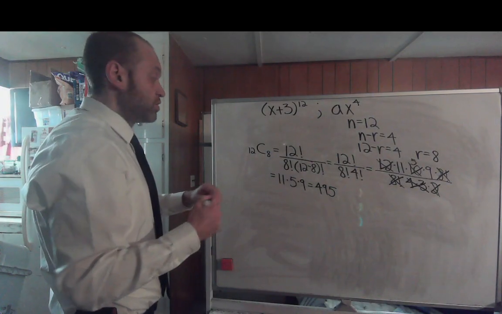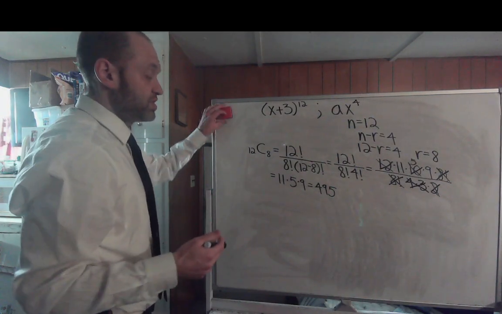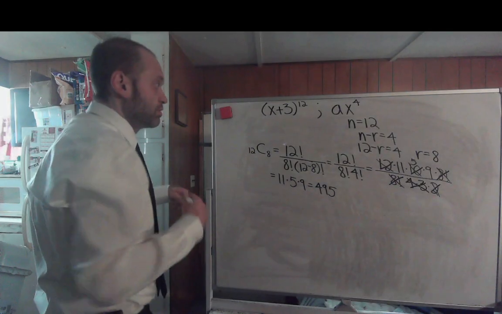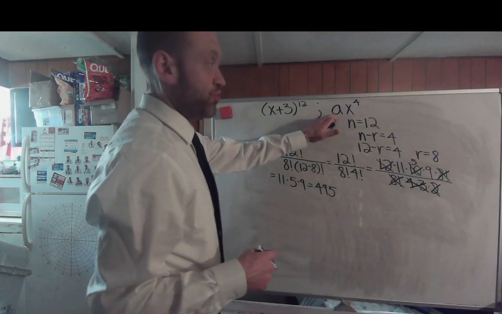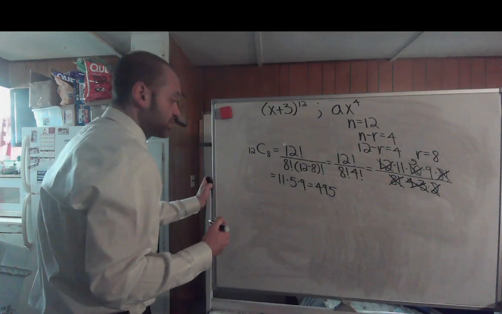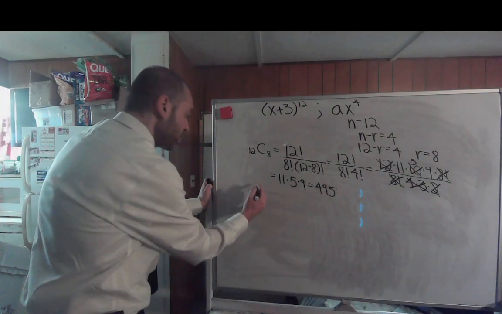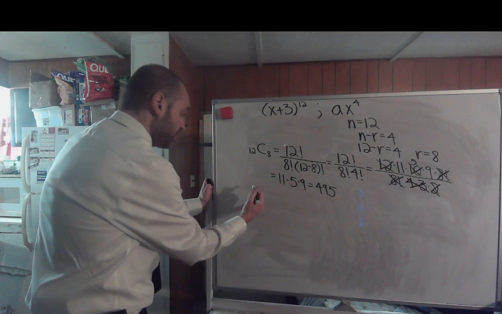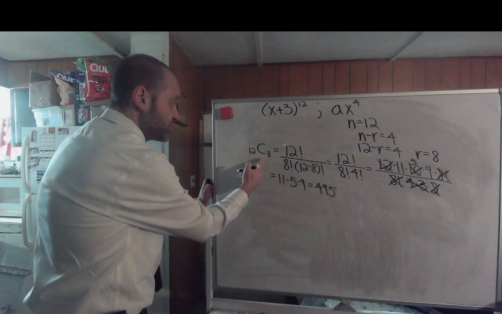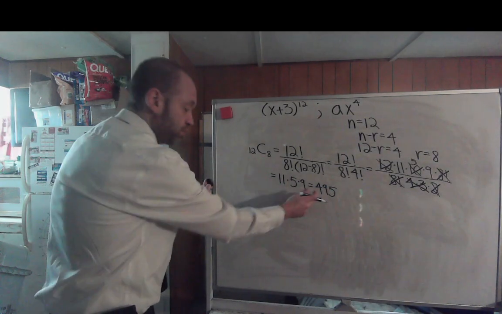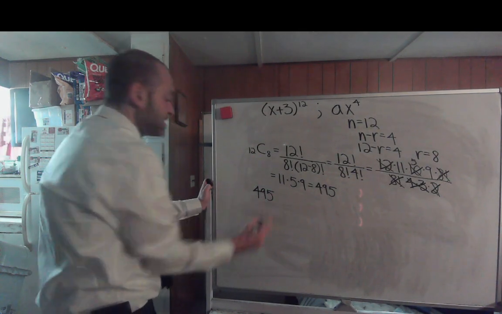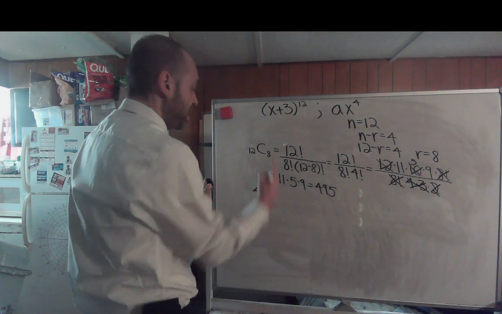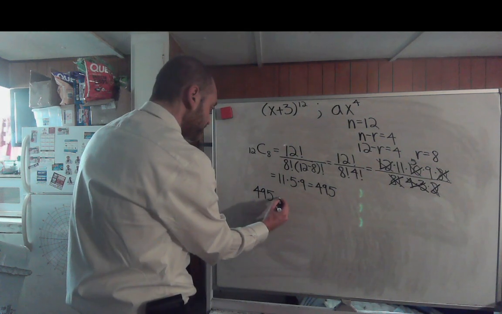Alright, in order to find the coefficient, you still have to find the whole term to be able to solve for the true coefficient of that x to the 4th term. So what you're going to do now is take that combination of 12 things 8 at a time, the coefficient we just found, the 495, times our x.